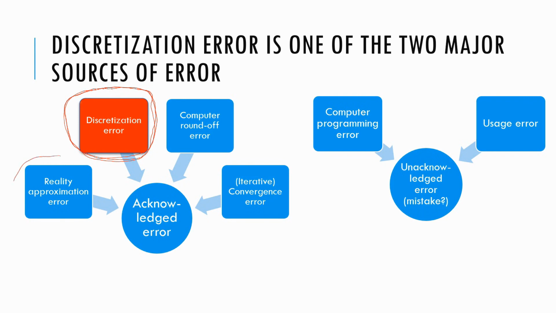The big one is the reality approximation error, meaning you approximated a real-world physical problem into its governing equation and boundary conditions, which are just equations. So that is one of the biggest sources of error. And then there are other sources of error, like computer round-off error, convergence error, programming error, usage error, and so on.